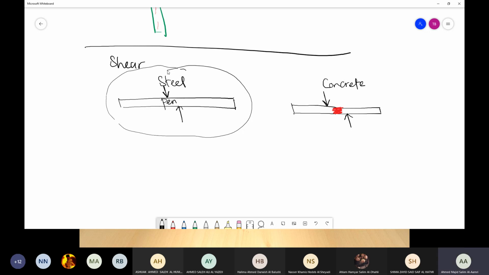We have the glue which is weaker, right? The glue is weaker than the gravel itself. So in the scenario of concrete, it will be affected by shear more than steel. Is it clear? So when it comes to shear, you can say that steel is good.